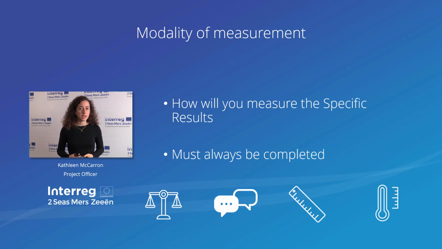If you arrive at the end of your project implementation and you think about a type of result that you want to put forward, but you have not thought about how you are going to measure it, and you have not put in place an appropriate methodology and an appropriate monitoring system, then you will not be able to actually measure this result. So it's something that you need to start thinking about from the start of your project with the entire partnership.